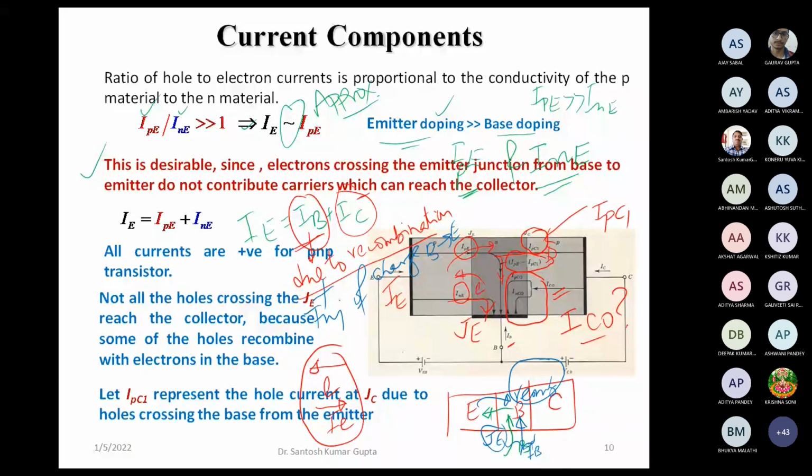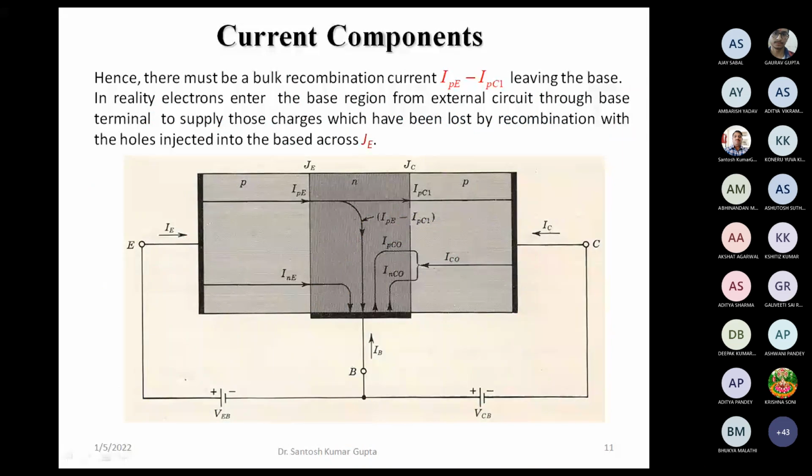Some remarks are written here, which were just narrated. Now the same diagram again, a little bigger. Let us see what we mean by ICO. This is the current component left for discussion.